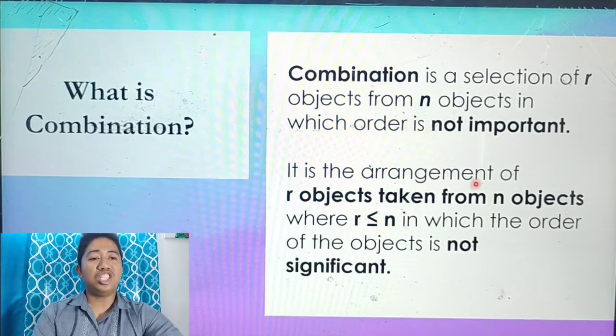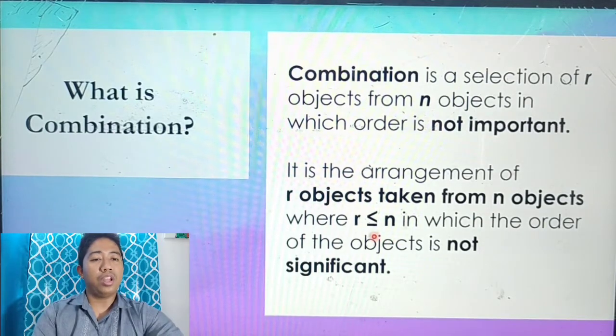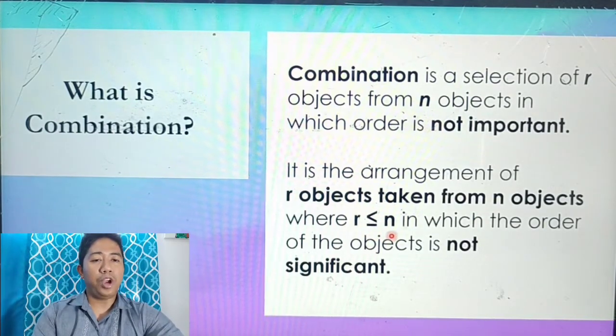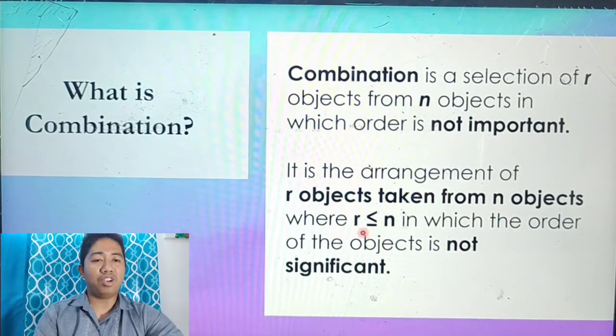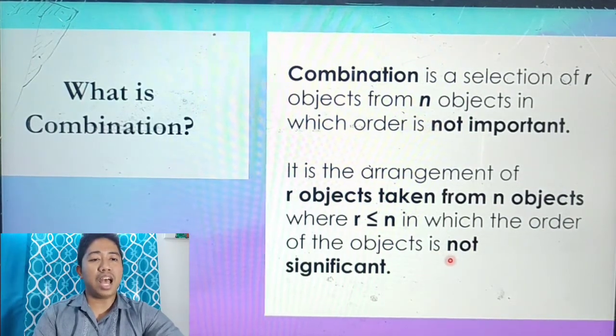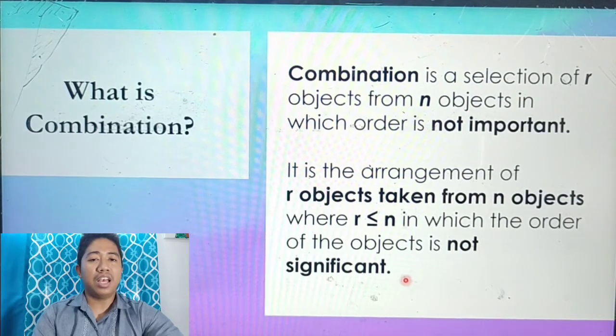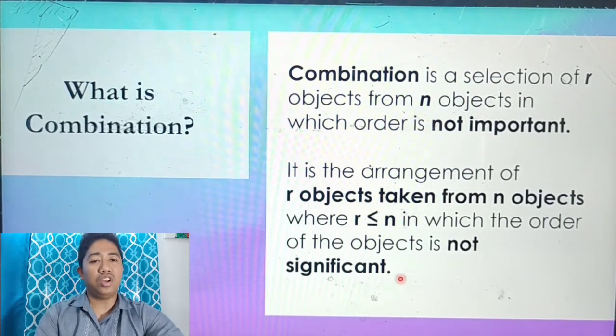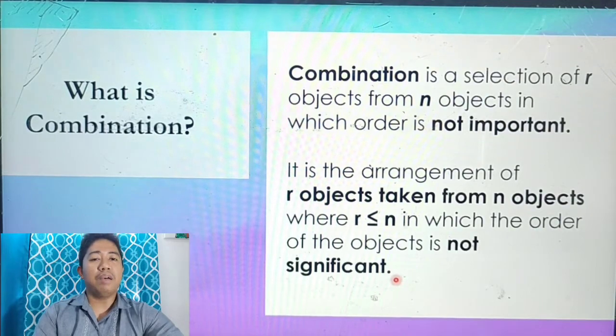It is the arrangement of r objects taken from n objects, where r is less than or equal to n, in which the order of the objects is not significant. Those are the two definitions related to combination in mathematics.